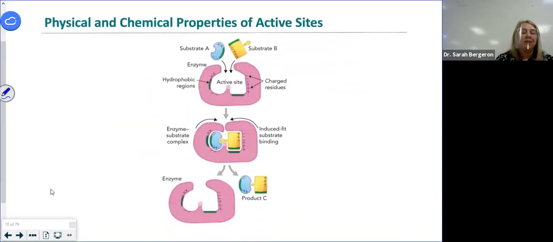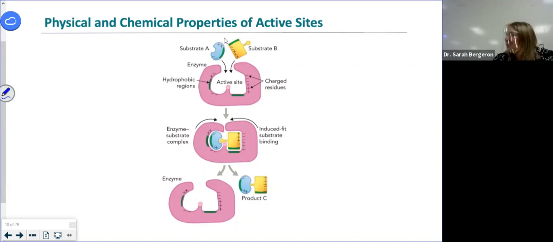So if we look, this is just a pictorial of exactly what we said, right? In this, we're going to start with two substrates, substrate A, substrate B, and we have our enzyme. So if you look, do you notice how we have different parts here? So we have pluses and we have minuses. What does that refer to?